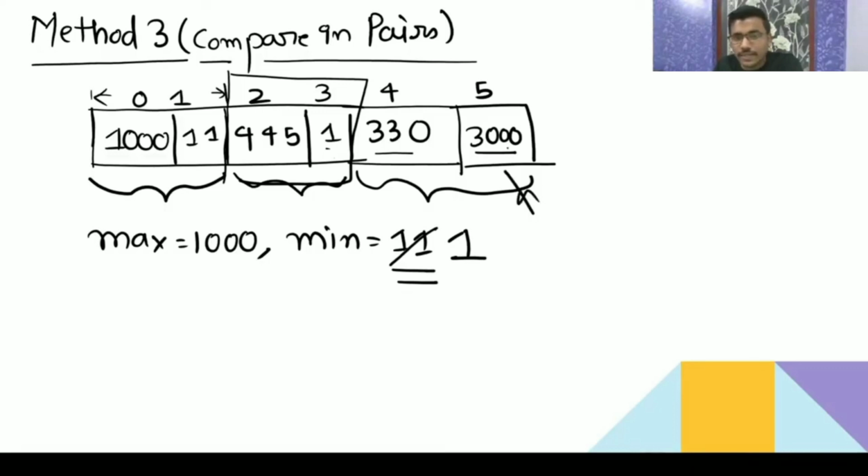Now I compare the pair's maximum with the actual maximum, and the pair's minimum, 330, with the actual minimum, 1. So 1 is the minimum only.